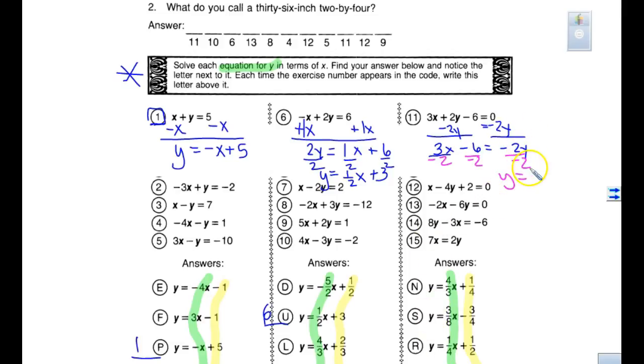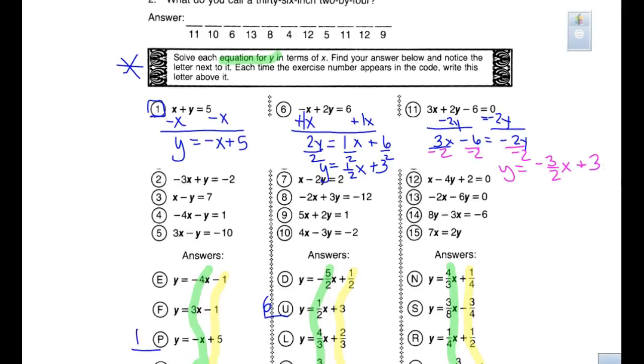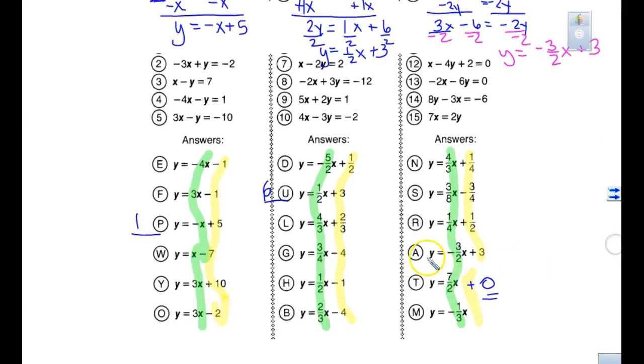So I'm just putting this first. This is a -3/2, so that's -3/2x. -6 divided by -2 gives us a +3. So -3/2x plus 3, number 11. Right here, the A. Is it making a little better sense?